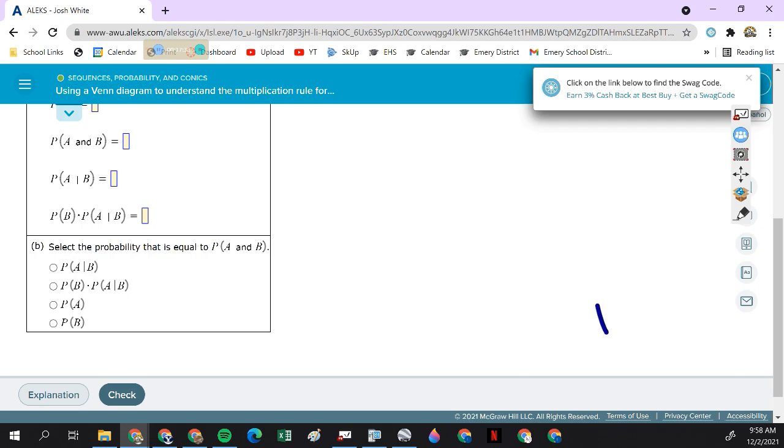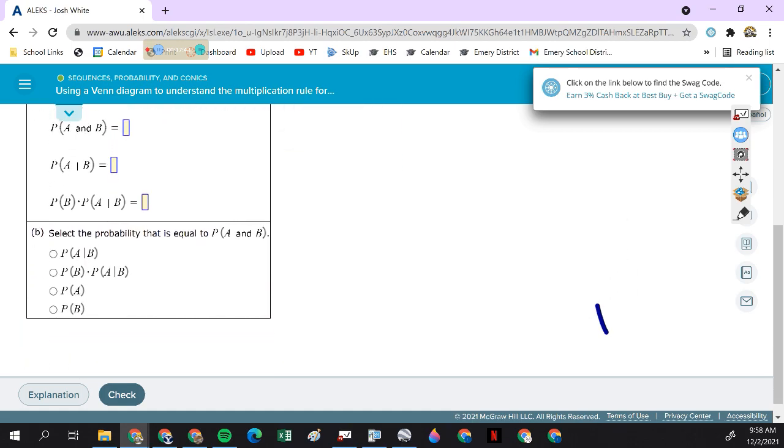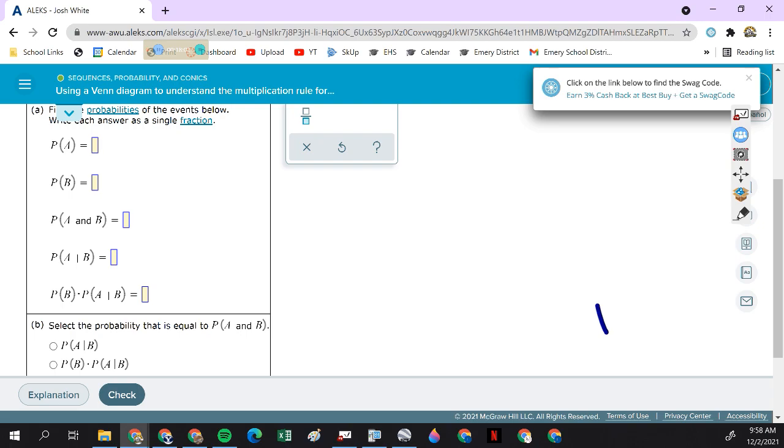And what is the probability of, oh geez. So that is saying we take the probability of B and we times it by the probability of A given B. Why would you do that? I don't know, but that's saying if you pick 2 people, what is the probability that the first person is a science club member and the second person is in the chess club if you know that they're in the science club?